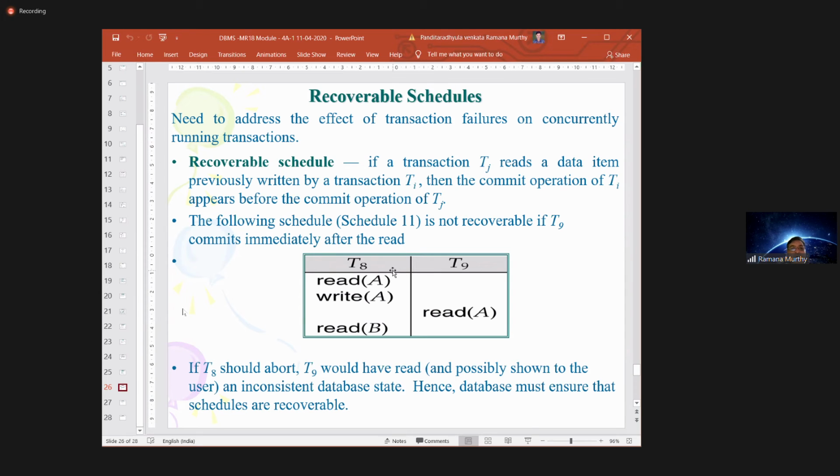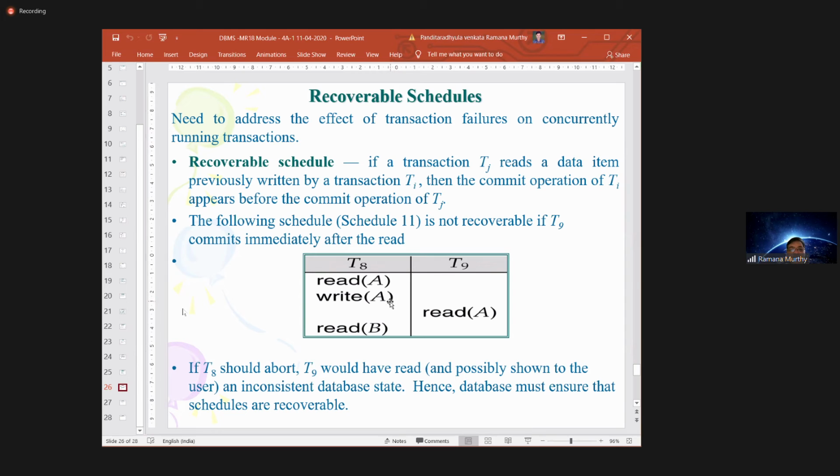For example, transaction T8 modified the value of A, and the modified value is read by T9. What does it mean? If T8 is successfully finished, the value obtained by T9 is valid. Say, for example, originally A is 100, T8 modified it to 200, and T9 is reading A as 200.